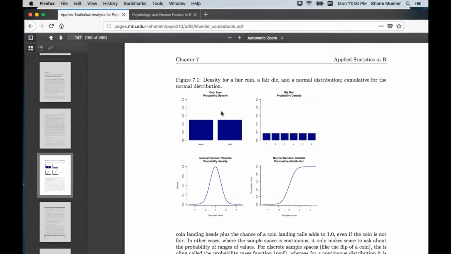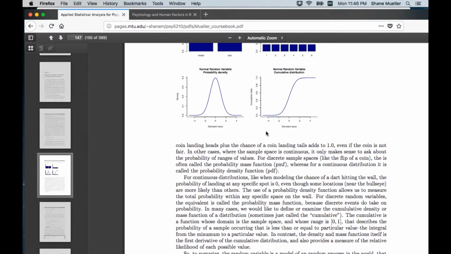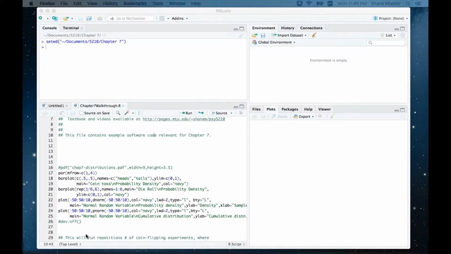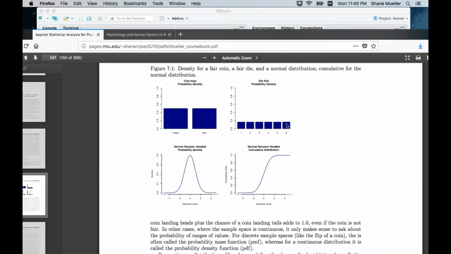Here are some examples of random variables, and I think I have the code in the walkthrough for generating these, and it's pretty straightforward.